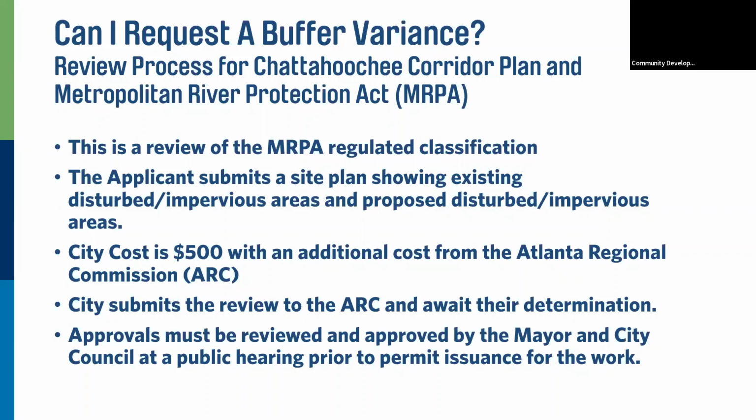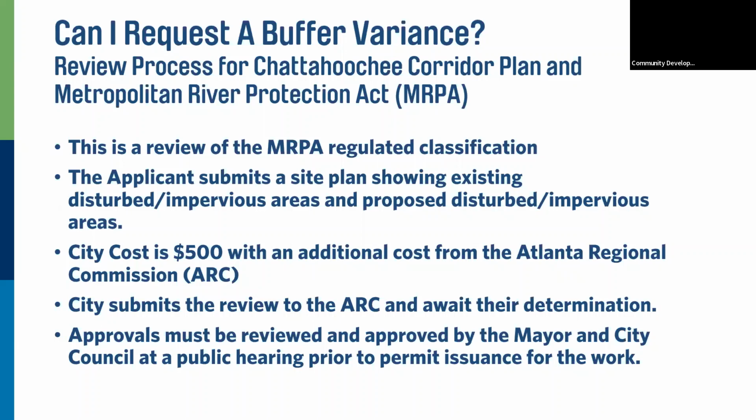There's an additional cost that the ARC determines. This goes through a formal review process by the Atlanta Regional Commission, which ultimately comes back to the city and has to be reviewed and approved by the Mayor and City Council. This is a public hearing process.